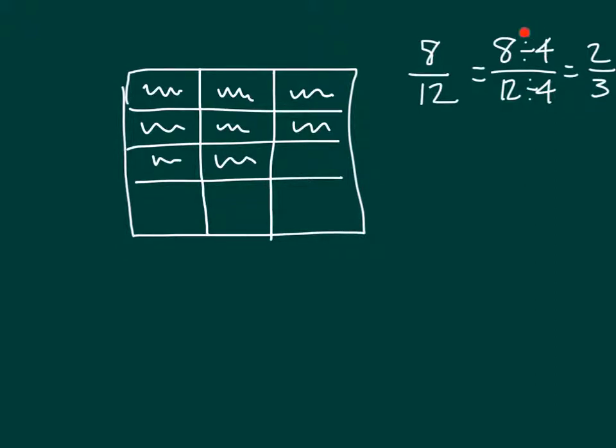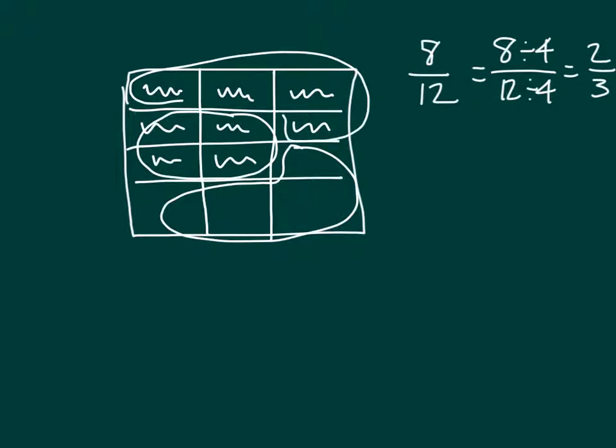Now it says we're going to group by 4 of them. So here we have 1, 2, 3, and 4. Here we have 1, 2, 3, and 4. And here we also have 1, 2, 3, and 4. So there are 3 of those groups of 4. That's why 12 divided by 4 is 3.